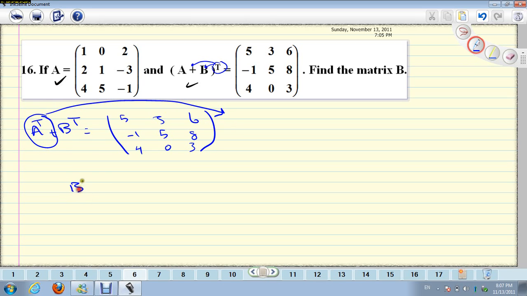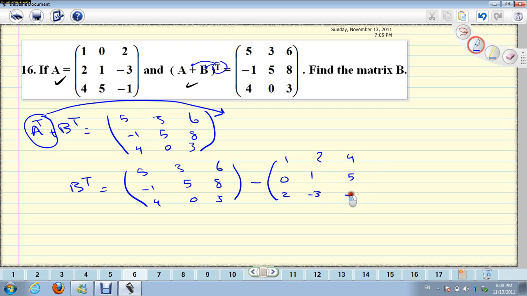So B transpose equals the matrix 5, 3, 6, -1, 5, 8, 4, 0, and 3 minus A transpose. And A transpose is 1, 0, 2, 2, 1, -3, 4, 5, -1.